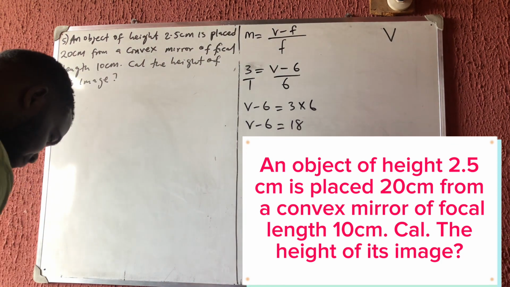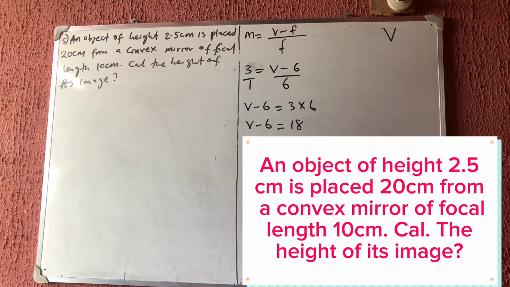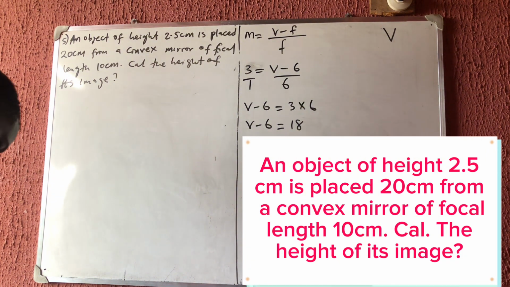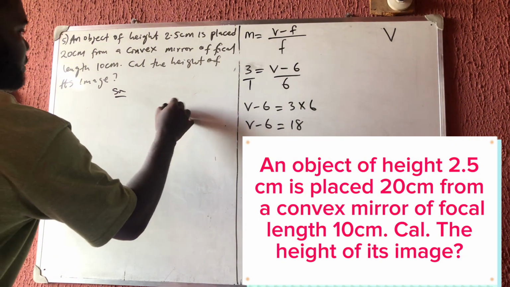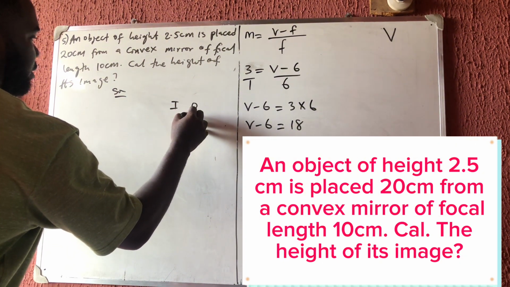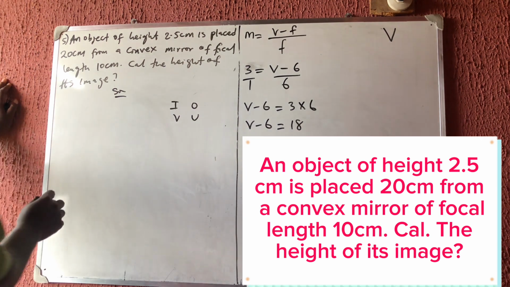Okay, this is very, very simple. So what do we do? Solution. You go again: I comes before O, image I comes before O, then U comes before V. That's how I remember my own.